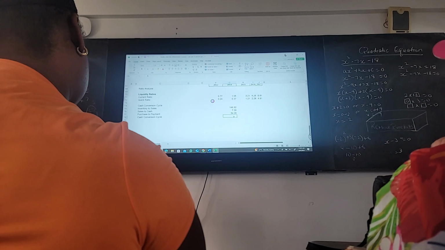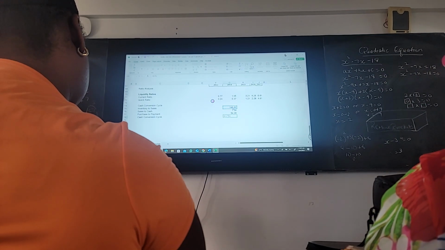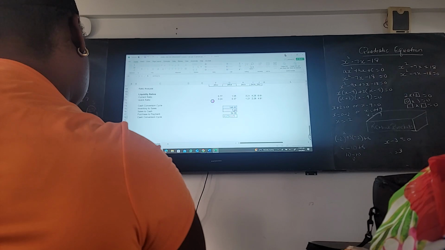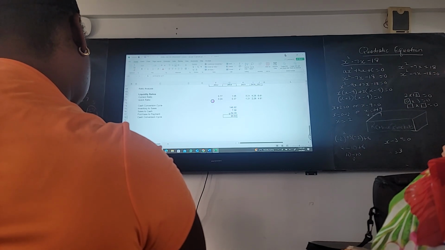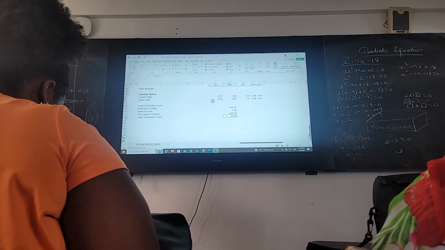So what's our cash conversion cycle? Inventory to sales plus sales to cash minus payables. That's 90 days. So it really means, in a more practical sense, that you need to have enough cash to carry yourself for 100 days.